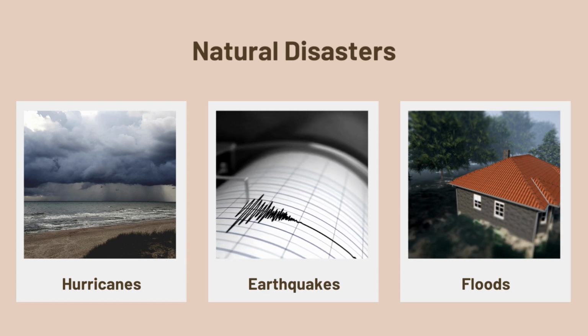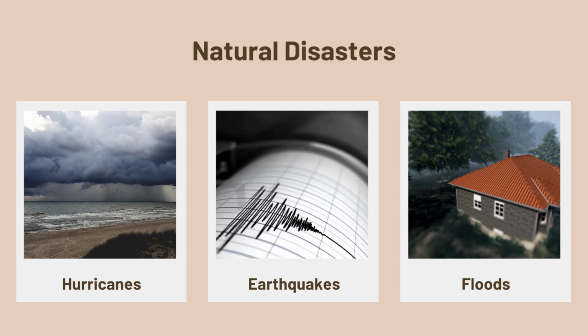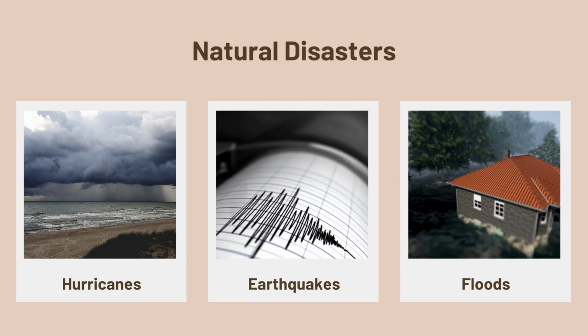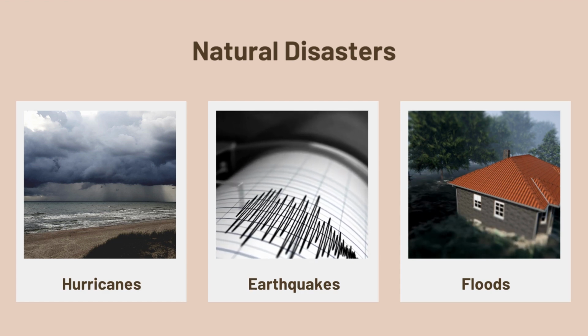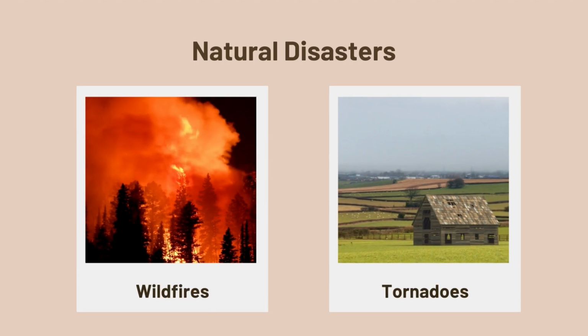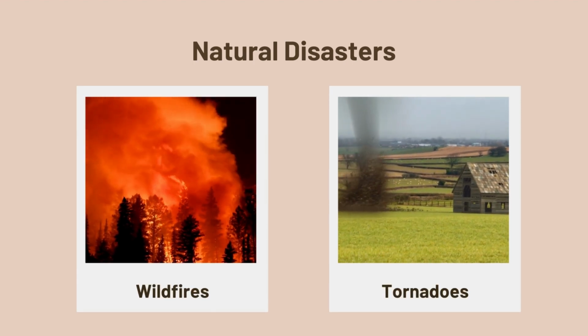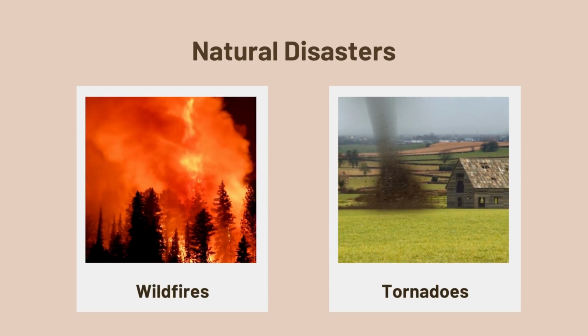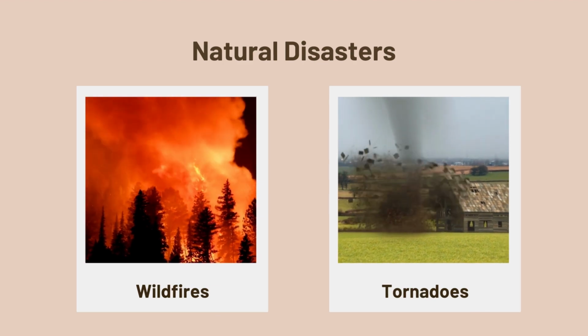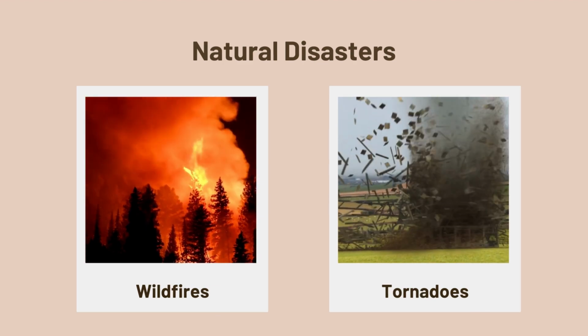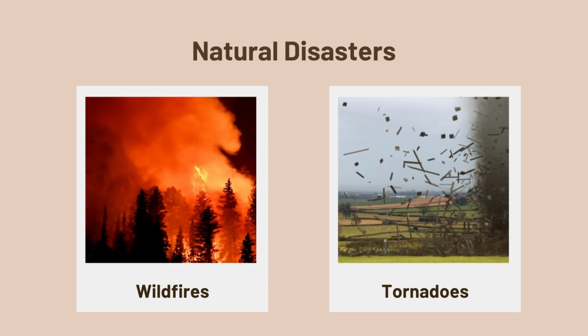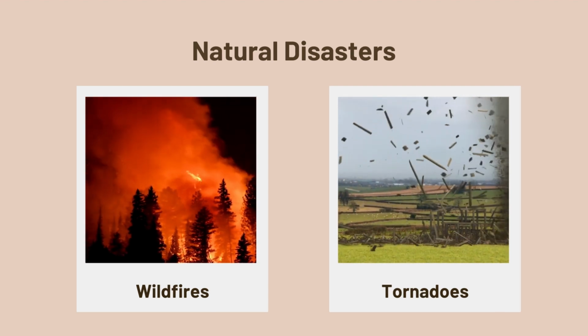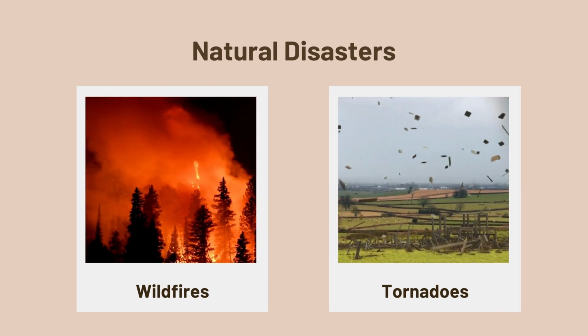Floods, overflow of water onto normally dry land, often caused by heavy rainfall or storms. Wildfires, uncontrolled fires that spread rapidly through vegetation. And tornadoes, violently rotating columns of air extending from thunderstorms to the ground.